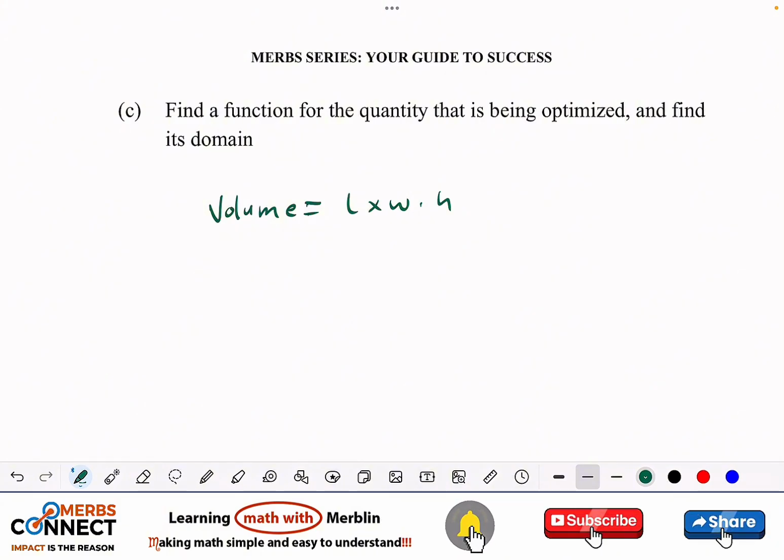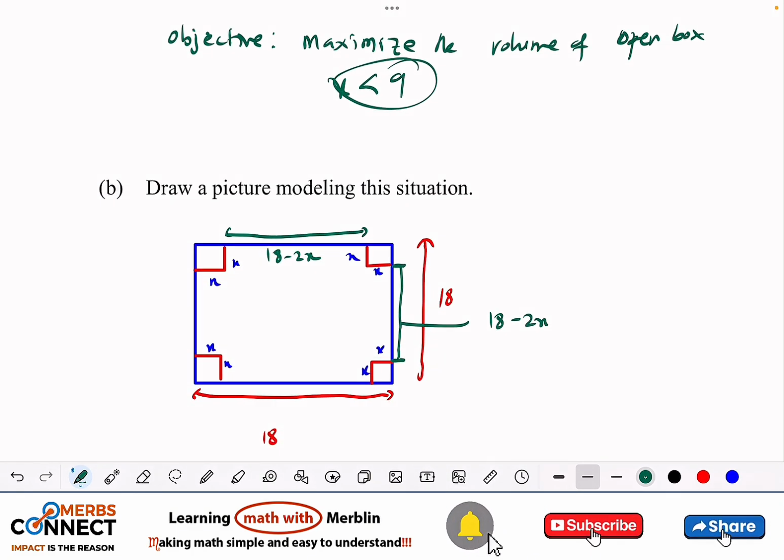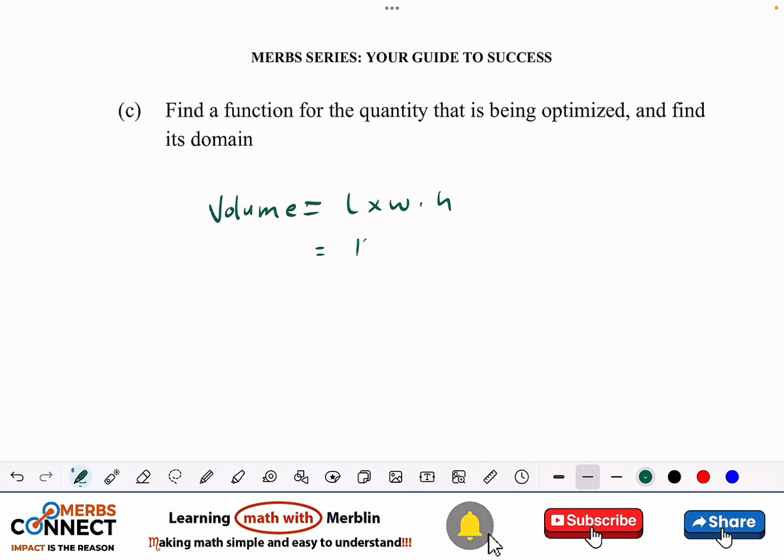Here the height is going to be x, and the width and length are 18 minus 2x and 18 minus 2x. So we get x times (18 minus 2x) squared. We can decide to expand it, but we can also leave it in this form.